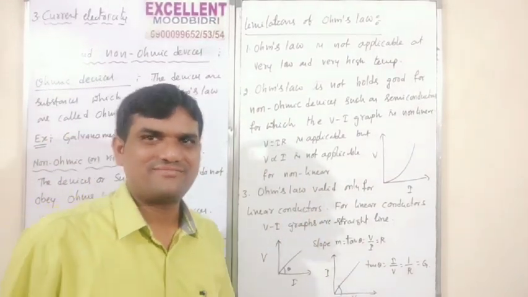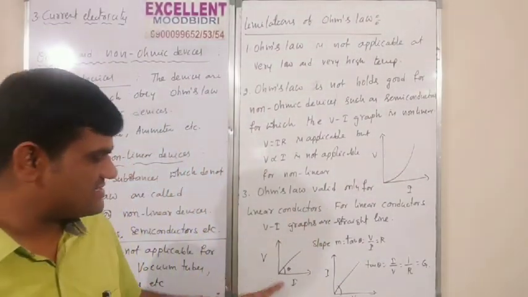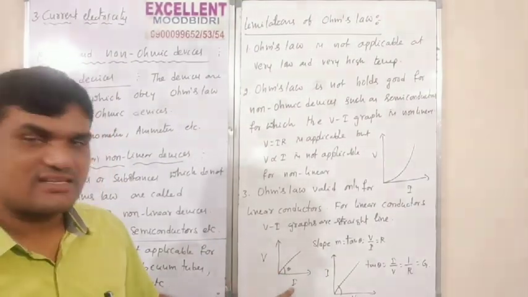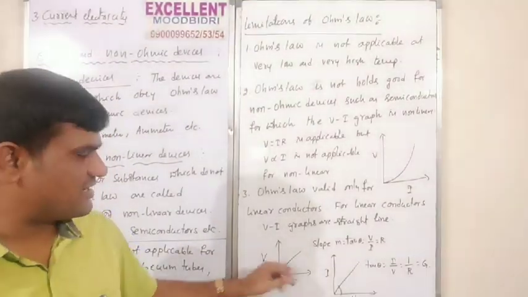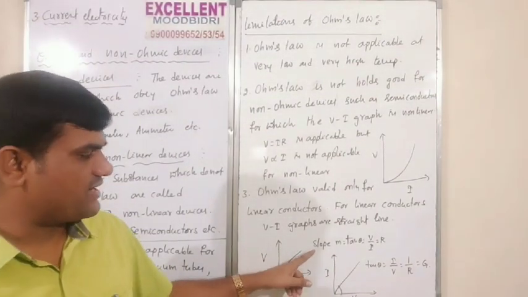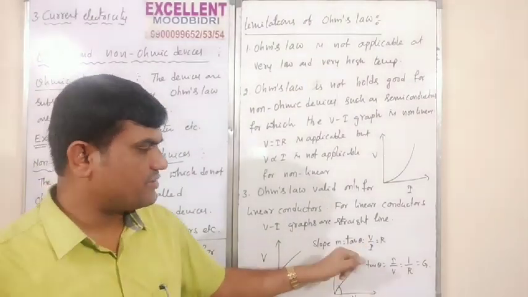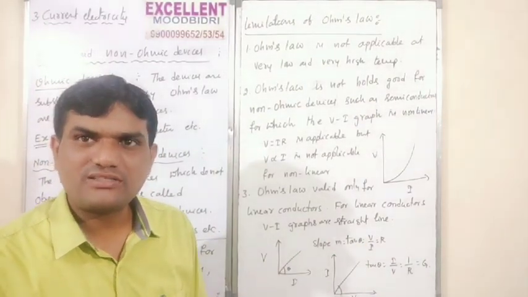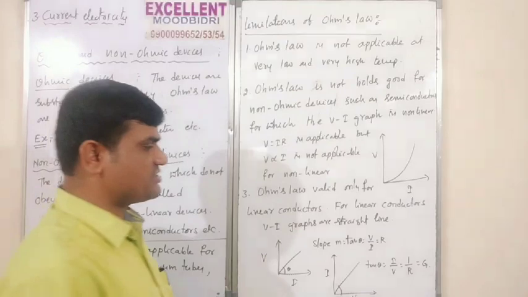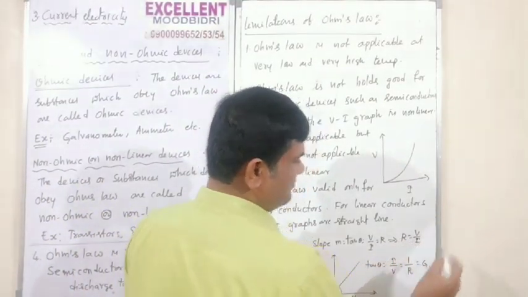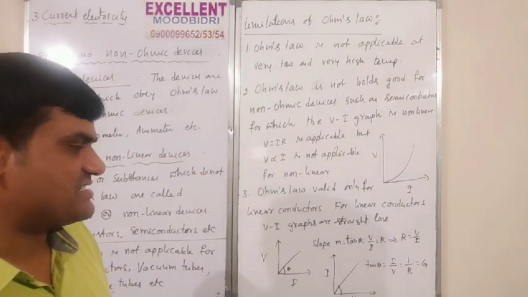The slope m is equal to tan theta is equal to V by I, that is R. That means resistance R is equal to V by I.